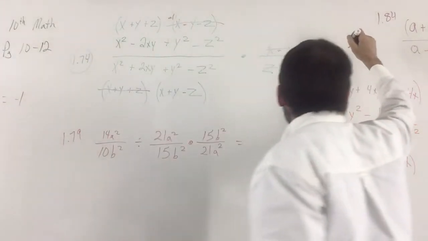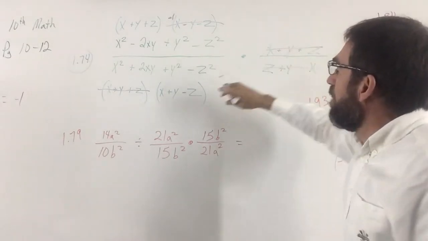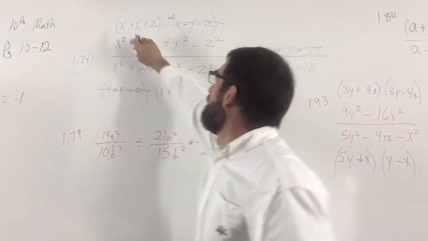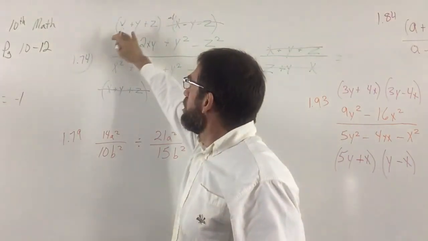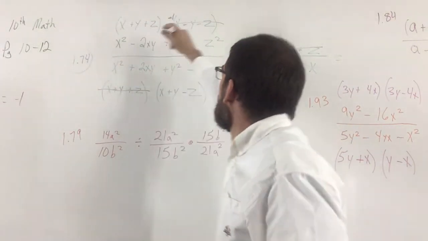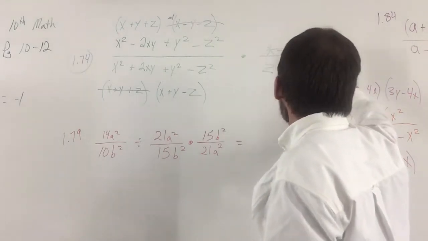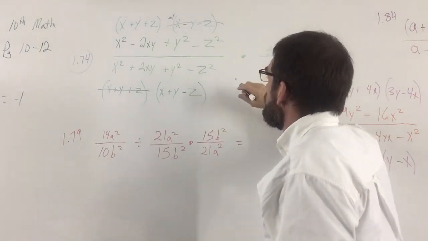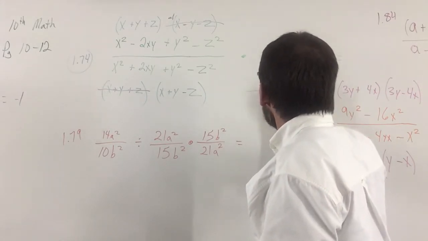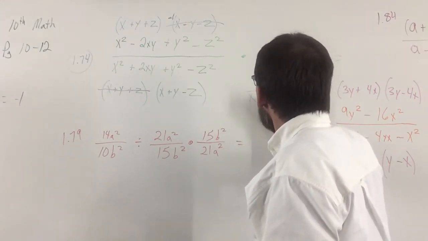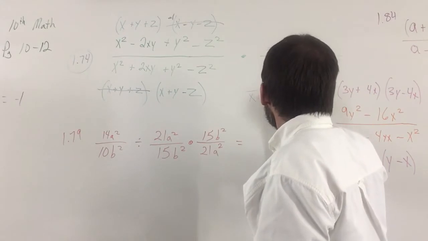So for my answer over here, I have this guy and this guy, but I have to multiply it times negative 1. That's going to put a negative sign in front of this one. I don't have any space to write the answer, so let me write it right here. Put the line here: x plus y minus z.